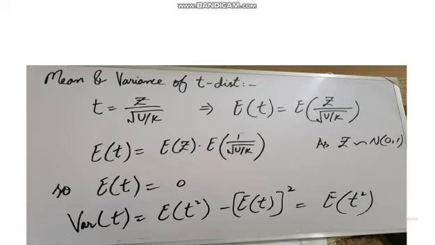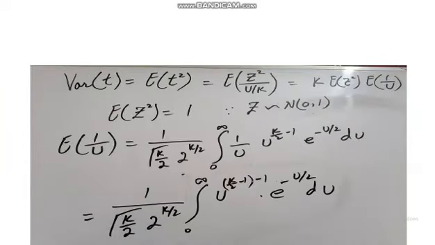Now for finding the variance of t, we have the formula expected value of t square minus expected value of t whole square. As we found earlier that the expected value of t is 0, we are left with only the expected value of t square. Solving it, we take the expected value of z square over u over k.